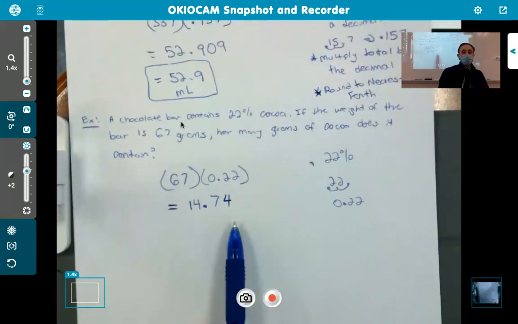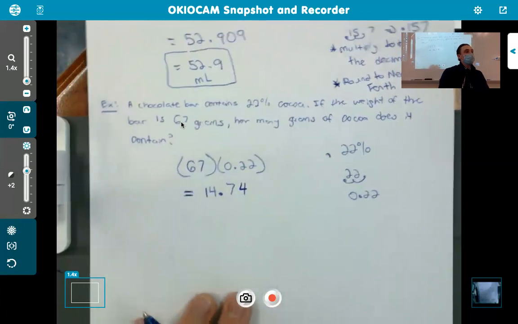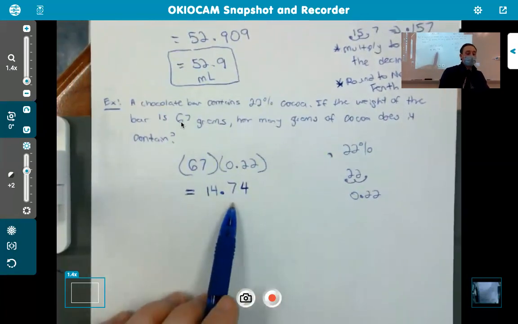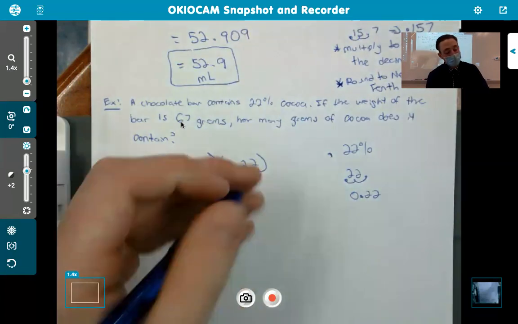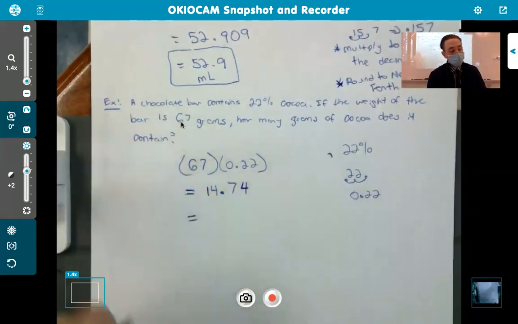The last step is to round this to the nearest tenth. Well, what number is in the tenths place right now? 7. Good. The number behind the 7, is that 5 or greater, or 4 or less? 4 or less. So what do I do with this?